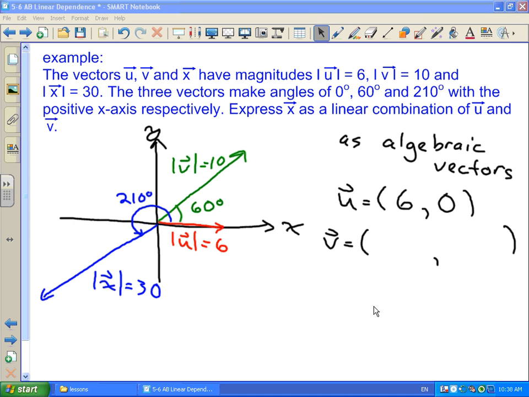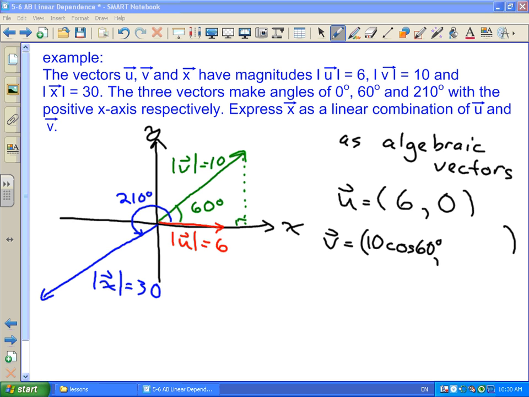But if we think back to how we talked about going from geometric to algebraic, we said that you had to imagine a little right angle triangle here, and use the sine or the cosine of this angle that we're given. So the x component of V is going to be the magnitude of V times the cosine of that angle, 60 degrees.